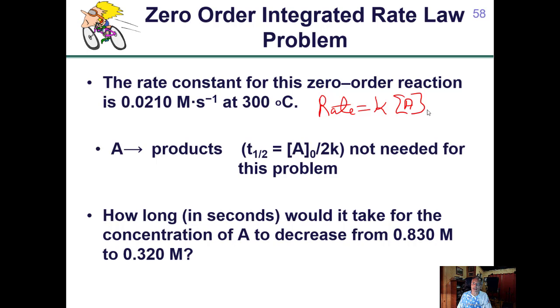If my reactant is zero order in this reaction, that means its exponent is a 0, and anything to the 0 power is 1. That means that the rate law is actually just rate is equal to K. That's why the units on the rate constant are molarity per second, which you can see right here. We have rate constant units, which are just molarity over seconds.